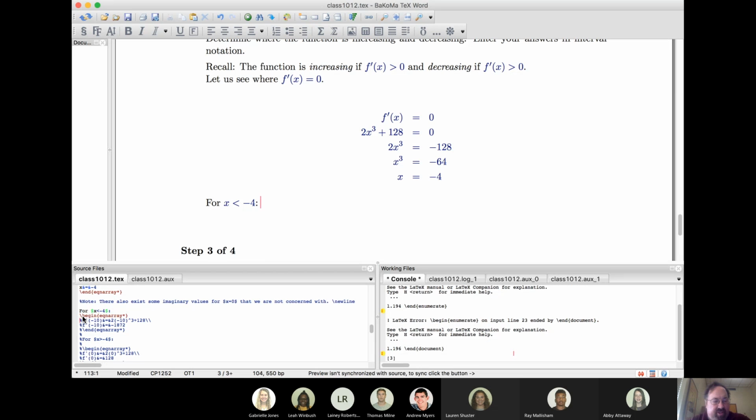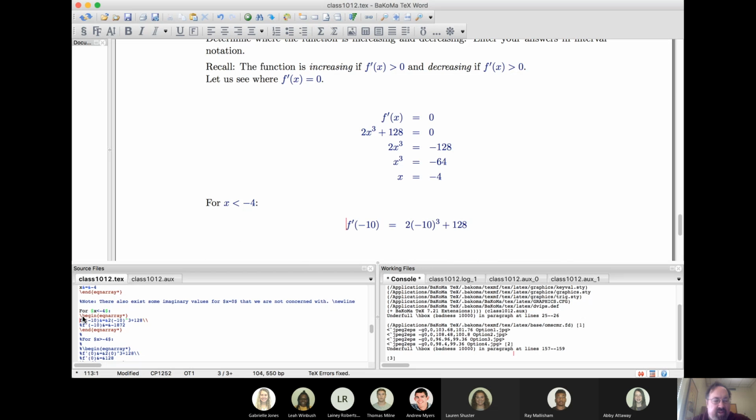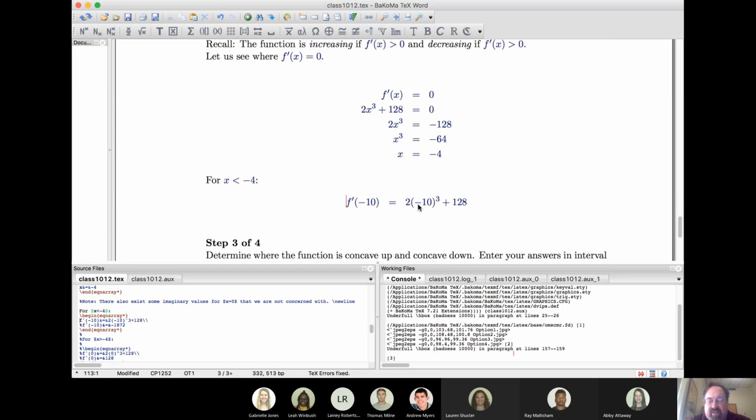So for convenience, just pick something like minus 10. So then we get a very large negative number here. We're going to get minus 2,000 because, as I said before, the cube of a negative number is negative. And the plus 128 is definitely not going to offset that. So minus 1872. So f is decreasing to the left of minus 4.